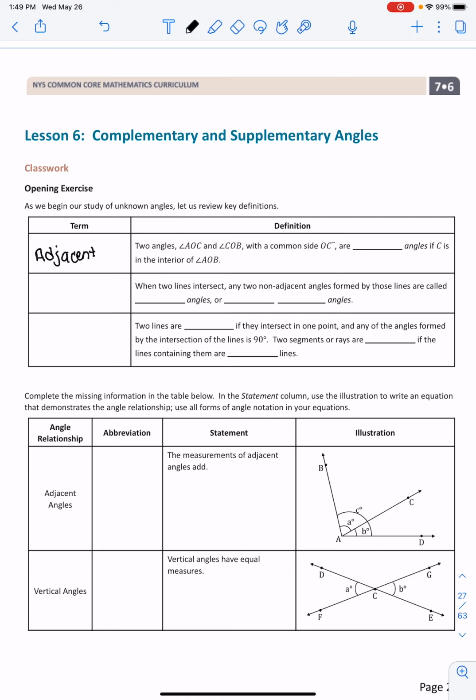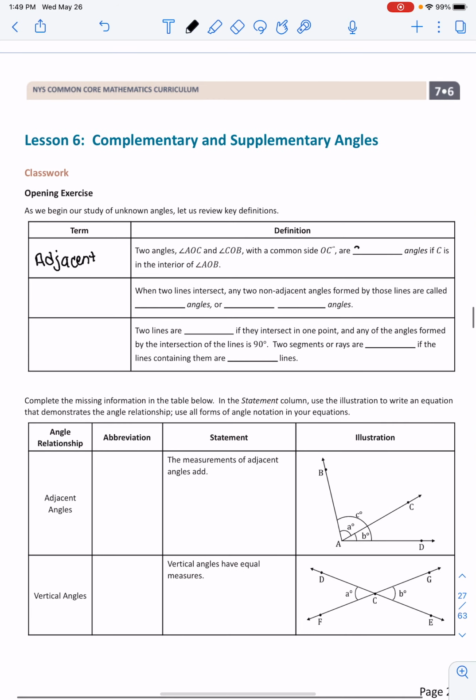Two angles, AOC and COB, with a common side of OC, are adjacent angles if C is in the interior of AOB. In other words, they share that common side.